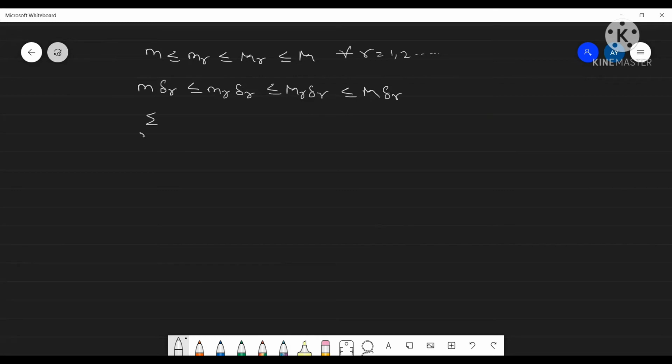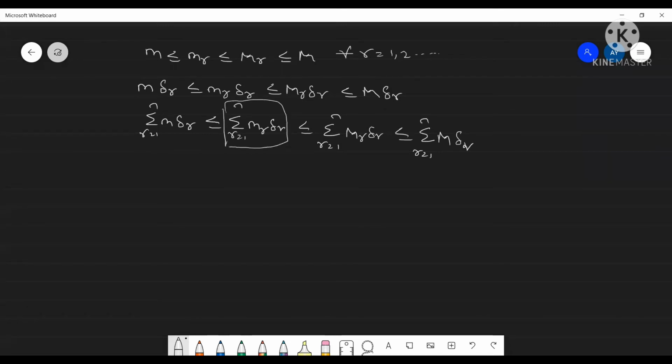So summation r equals 1 to n of m times delta r is less than or equal to summation of m_r times delta r, where r equals 1 to n, less than or equal to summation r equals 1 to n of capital M_r times delta r, less than or equal to summation r equals 1 to n of capital M times delta r. Now, what is this summation of small m_r times delta r? As m doesn't have any r, you can take it out.